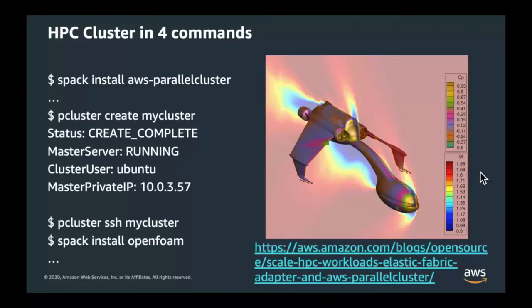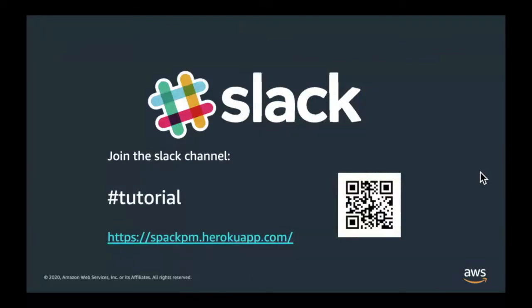We see Spack as a critical component to that, and we're going to go through how you can do that yourself today. Todd and Greg are going to go over what that looks like in Spack.